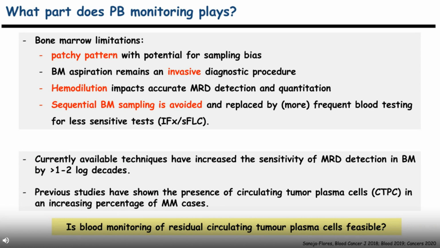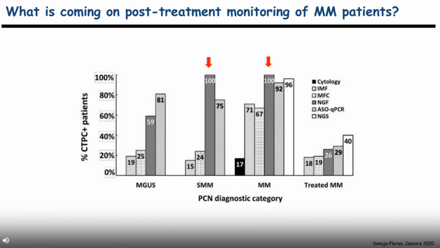So, can we use peripheral blood to monitor residual disease in multiple myeloma? Well, we know that once more, depending on the sensitivity of the selected method, we can detect circulating tumor plasma cells in the peripheral blood of all multiple myeloma patients at diagnosis using, for example, next-generation flow.